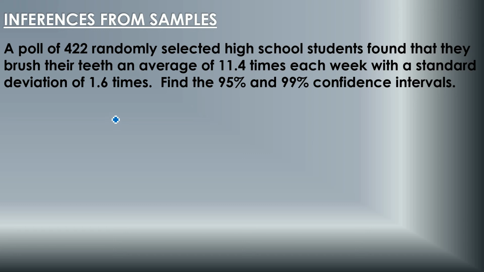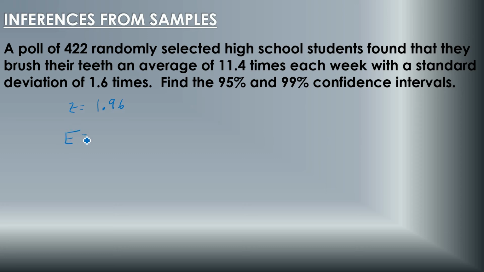Okay, a poll of 422 randomly selected high school students found that they brushed their teeth an average of 11.4 times each week with a standard deviation of 1.6. We're going to find the 95% confidence and 99% confidence intervals. So first thing, I'm going to get that Z statistic for 95%, that's 1.96.